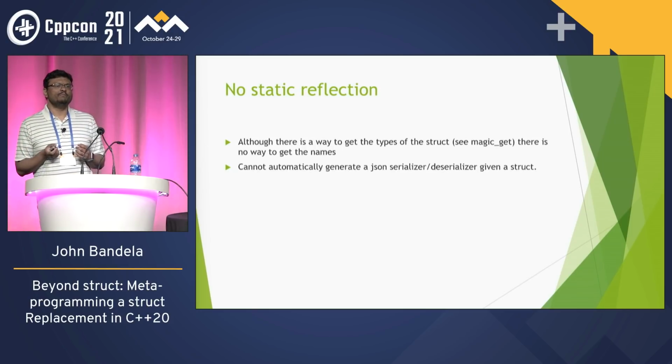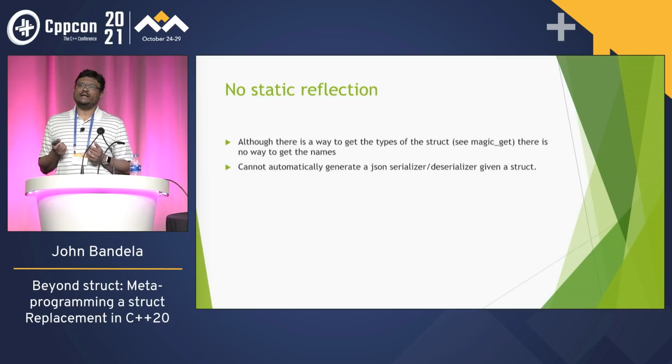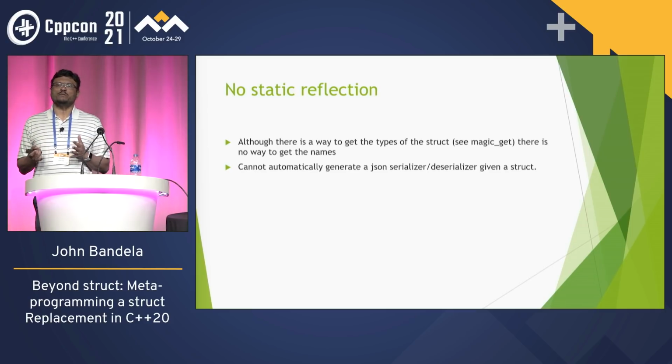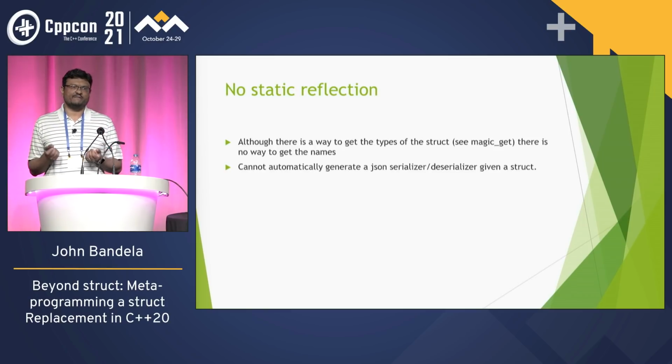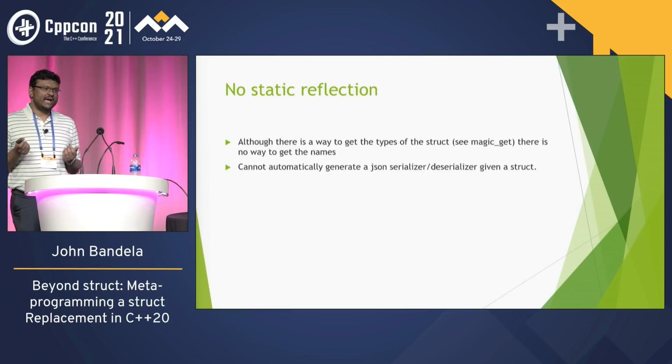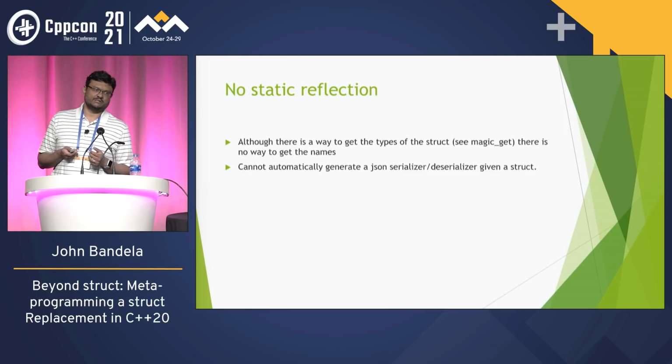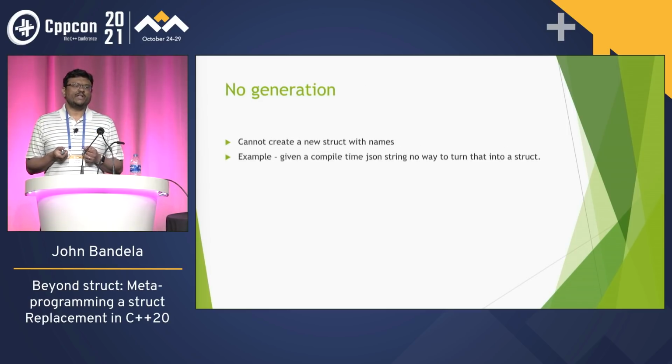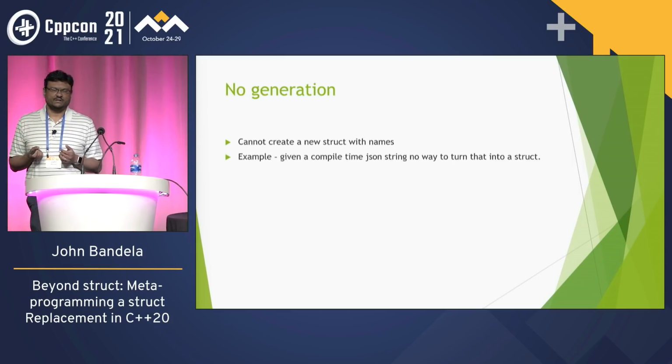There's no way to get that. So if you want to write, say, something that will automatically read to and from JSON, you can't. You had to use some macros or provide some other information about the names of these fields. And there's no generation. We can't create a new struct with names.